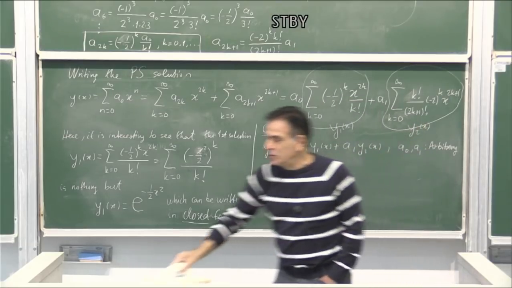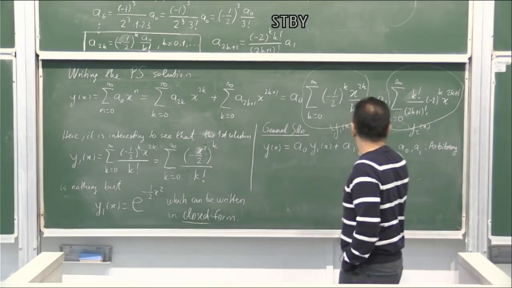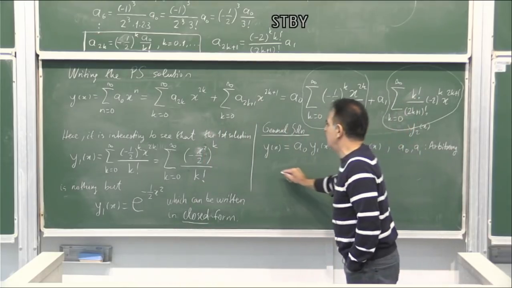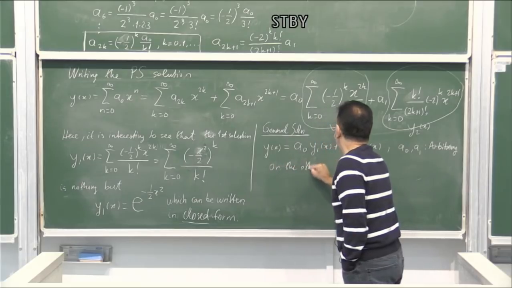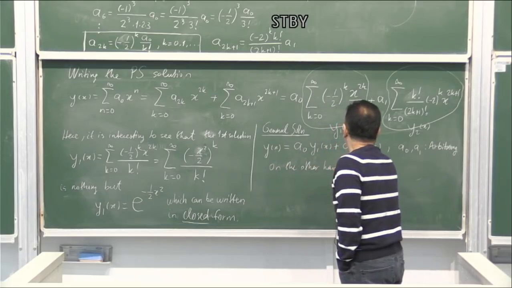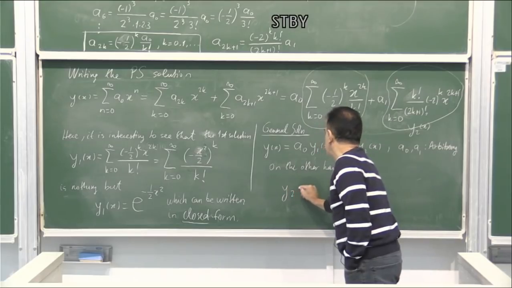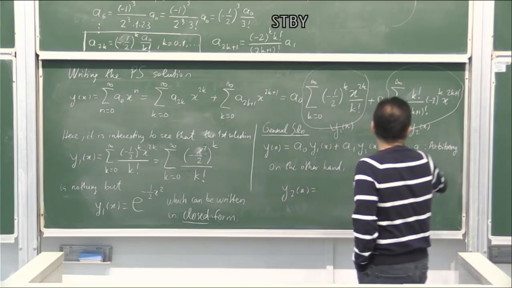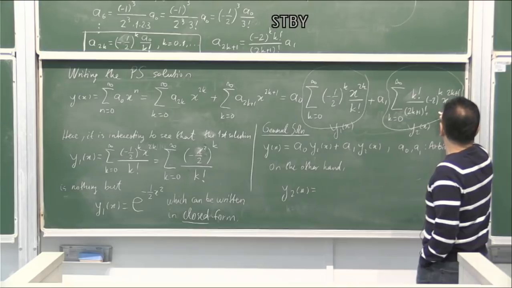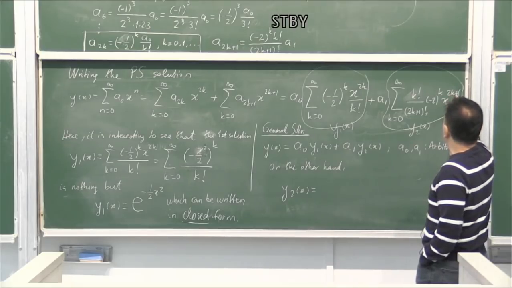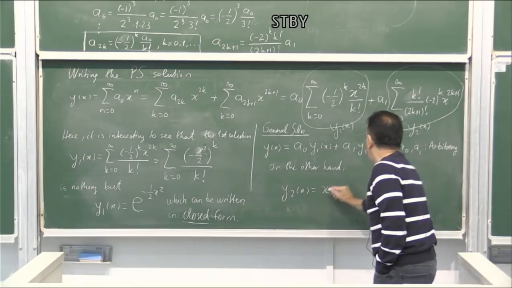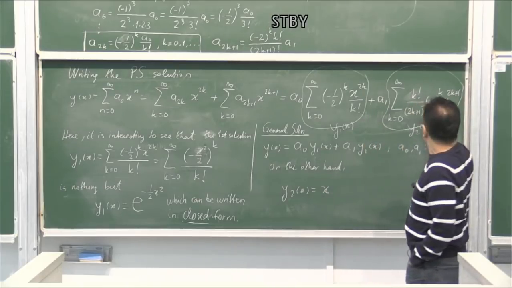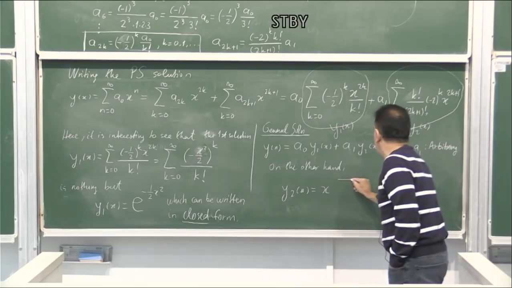I'm not sure. Perhaps it is no, because it is something like that. On the other hand, y2 has this form. Let us simplify it a little bit: x to the power 2k plus 1. So let's write one x factor outside the sum. So we have x to the power 2k here.